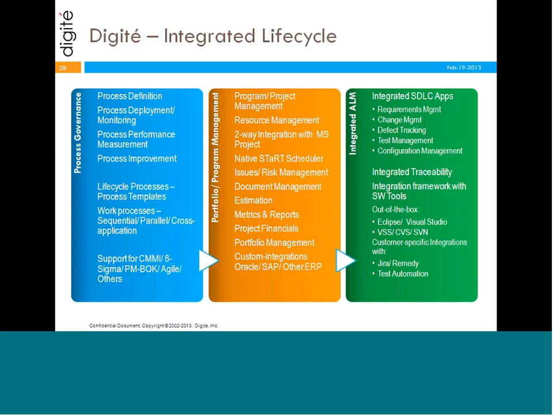And it's an open process governance capability which allows for defining all kinds of processes: hybrid, agile, traditional methods, and pretty much any kind of development or implementation or other business process that you might have in support of IT and software development. Out of the box, it comes with some support for frameworks such as CMMI and Six Sigma because of the kind of metrics and base process template that it provides out of the box.